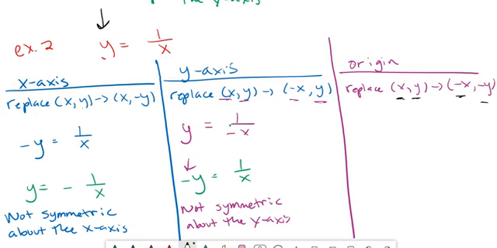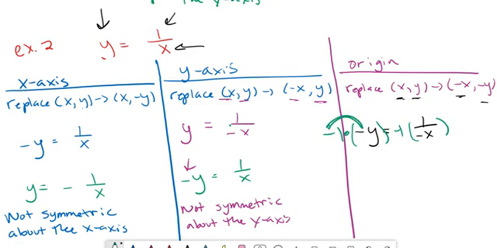So the y is getting replaced with negative y, or opposite of y. The 1 is just a 1. The x is getting replaced with negative x. Now, again, I'm just spacing this out a little bit. It looks like it doesn't match the red. But that trick I've been trying all along, I'm going to try it one more time. So I'm going to multiply both the left and right hand side times negative 1.